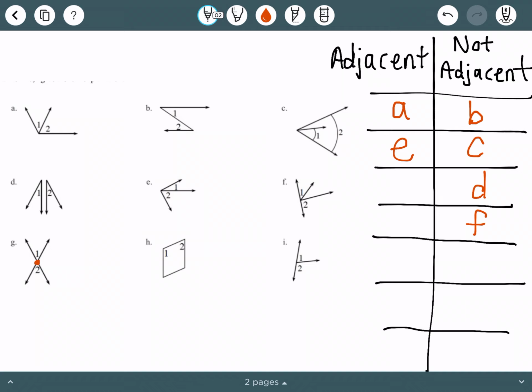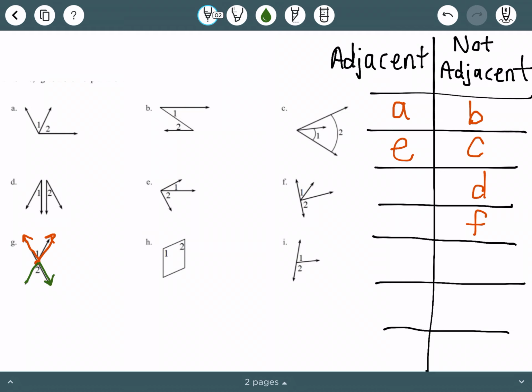So you might be thinking, well, what about this? But I'm going to go ahead and trace angle 1. So the vertex is where the rays start. So my angle 1 extends from the vertex there. Then my angle 2, the rays start at the vertex.